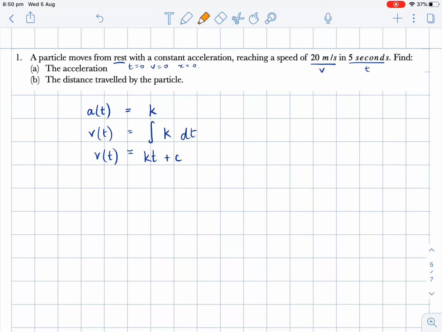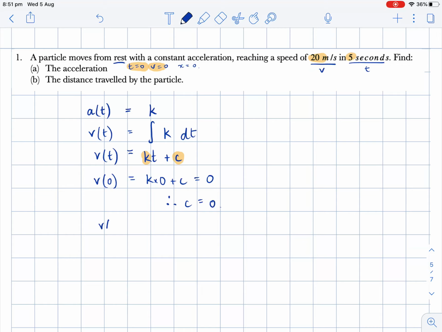So right now I have two unknowns, but I also have two points that I can use to find those two unknowns. Let's start by substituting in when t equals 0, the velocity equals 0, so that gives me k times 0 plus c has to equal 0, and therefore c equals 0.